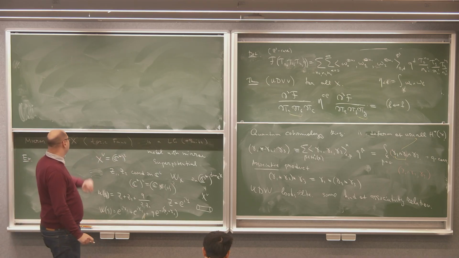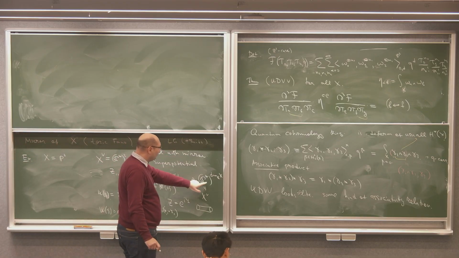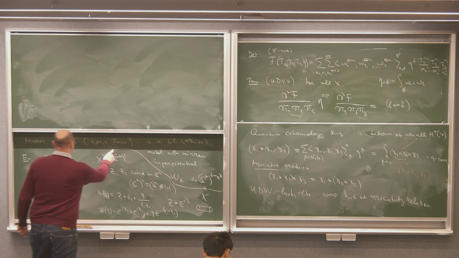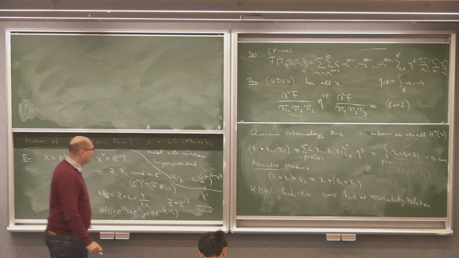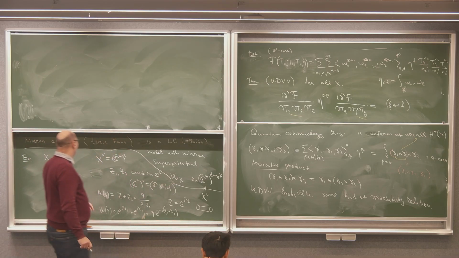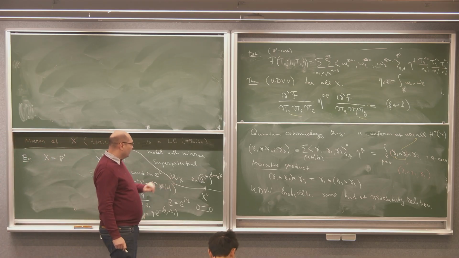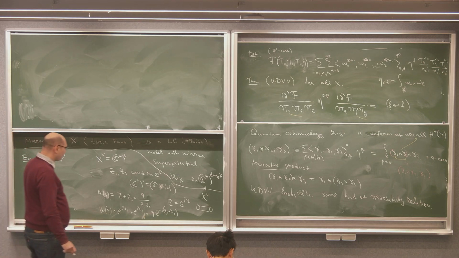But the general statement is that the mirror of a toric Fano is a Landau-Ginzburg model on (C*) to the power of the complex dimension of X, with a mirror superpotential. The mirror superpotential carries all the information about X: the cohomology of X, the Gromov-Witten invariants of X. All this is encoded in W_X.